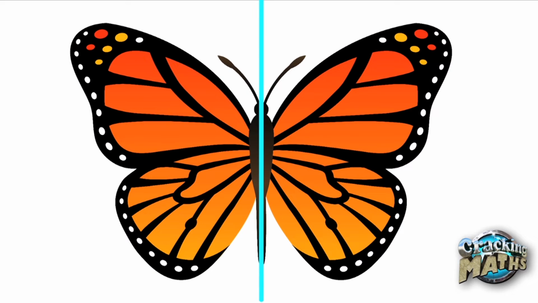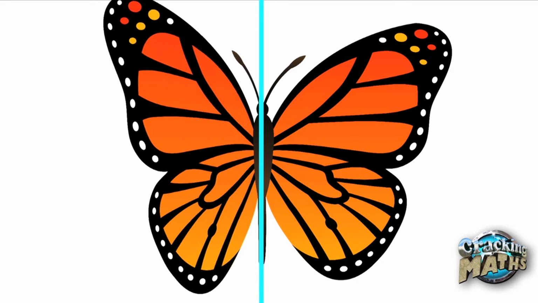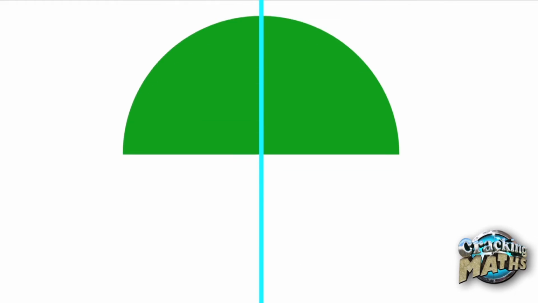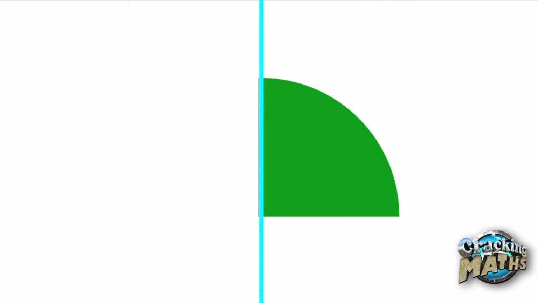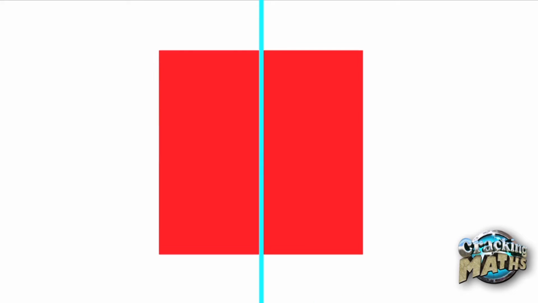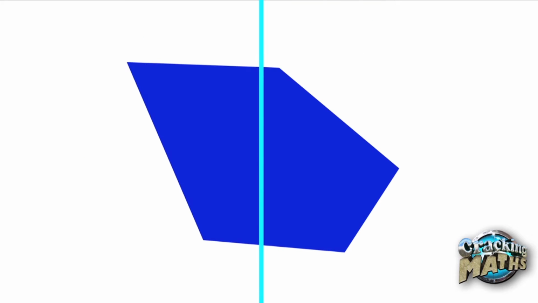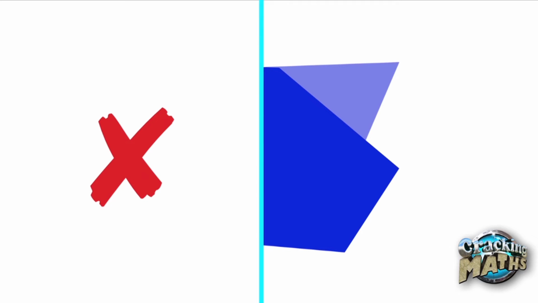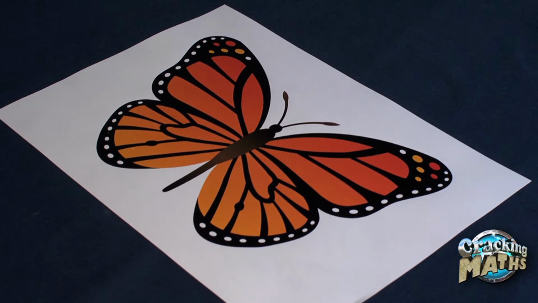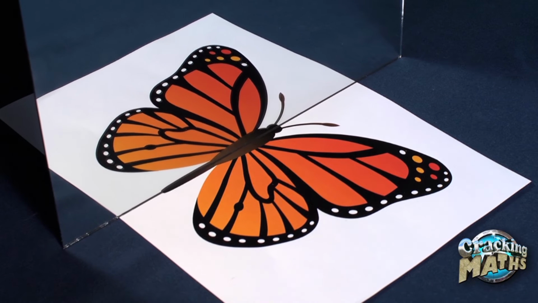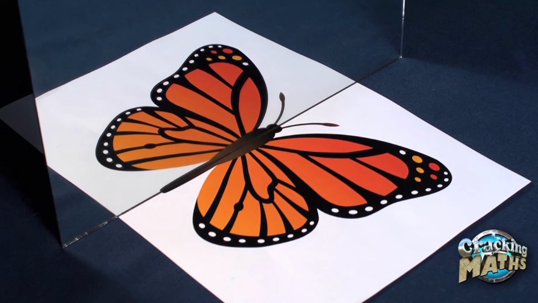This week, we will be looking around for things that have line symmetry, objects that can be folded over an imaginary line through the middle, so that one half covers the other half exactly. The fold lines are the lines of symmetry. Some shapes are not symmetrical. If we stand a mirror on its side over half of the picture and look into the mirror, we will see the reflection, or mirror image, of the half of the picture that is already showing.